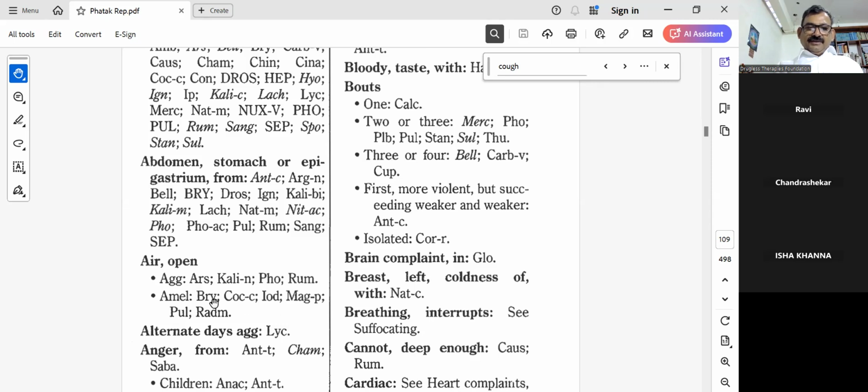So, you have already seen, and I already told you, bryonia is written in capital letters. Bryonia in capital letters means that out of 100 people, if that plant, herb, is given to them, they develop a dry cough, and the cough arises from the epigastrium, or you can say the stomach.